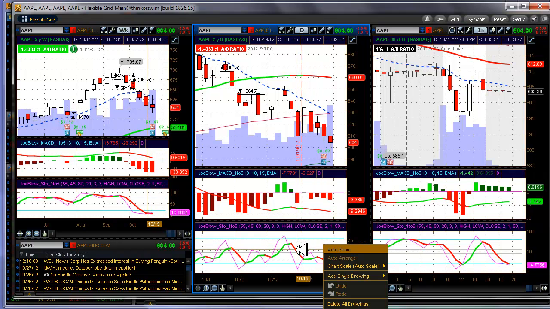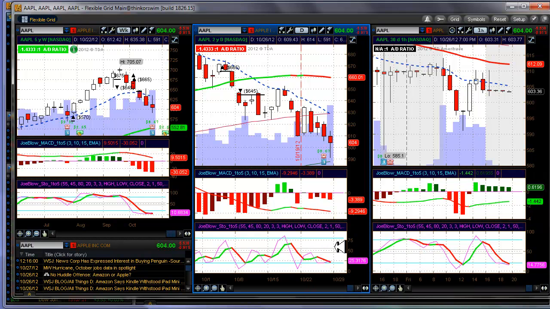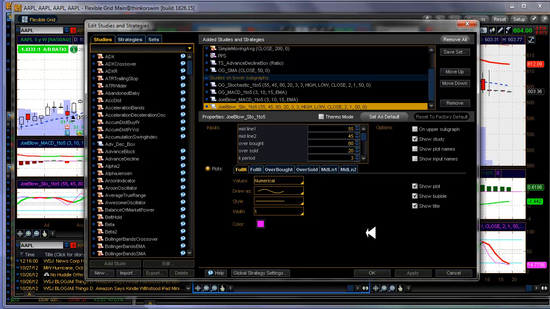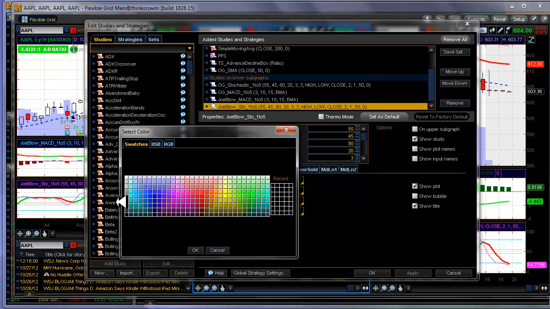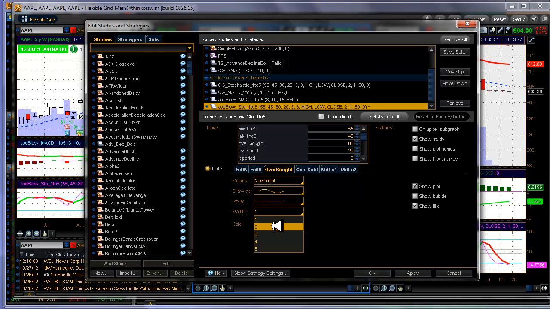If I just put my cursor on top of there and say I want to edit this Joe Blow Stochastic, that is called the overbought line, and I want to change that. Let's change it to black, and let's make it a little thicker. We'll change it to a width of 2.